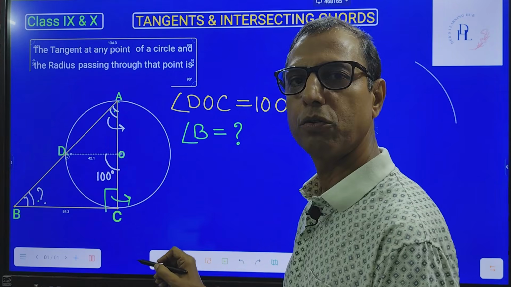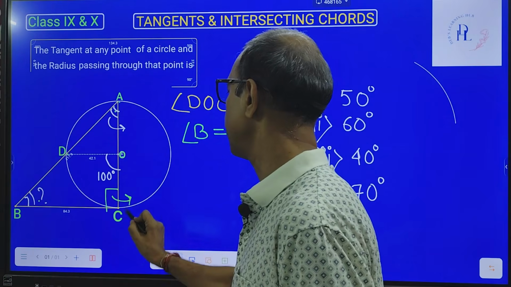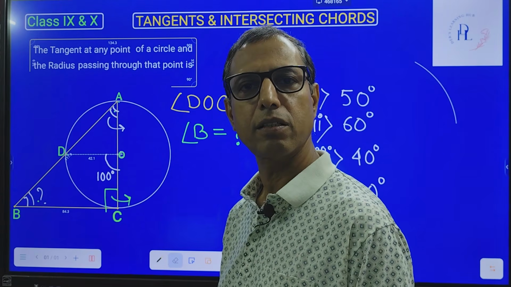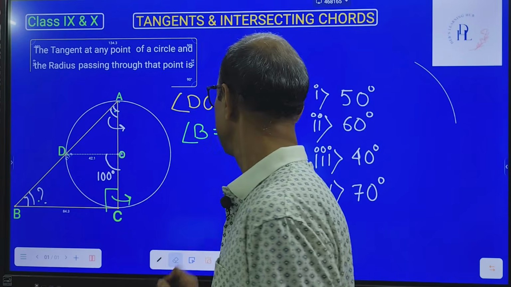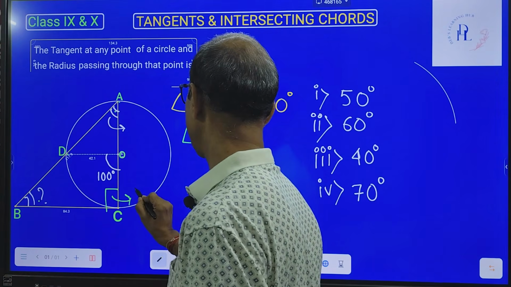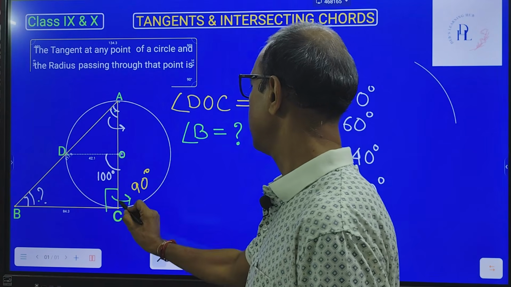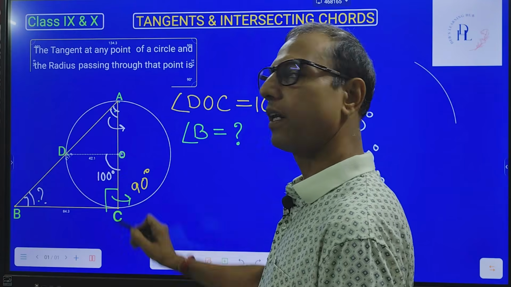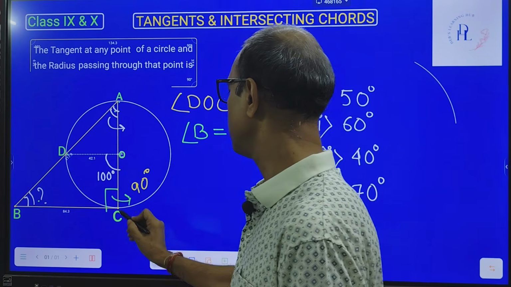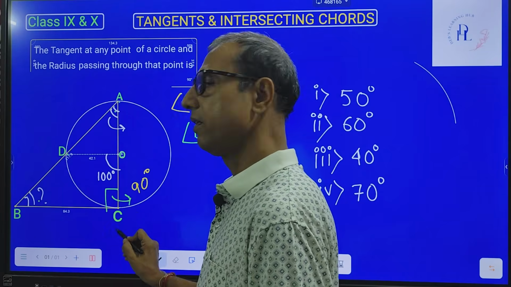First you need to see that this tangent BC and this radius are perpendicular to each other. That we have already learned. What does that mean? Angle OCB is 90 degrees. This COD is 100 degrees, already given. Now we look into this circle, arc CD.